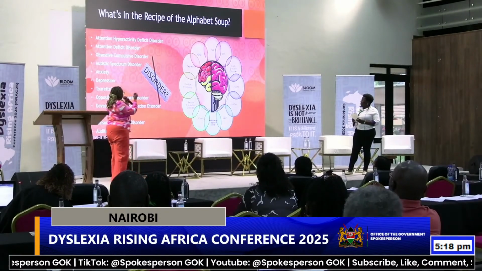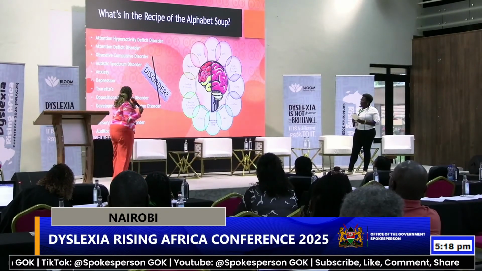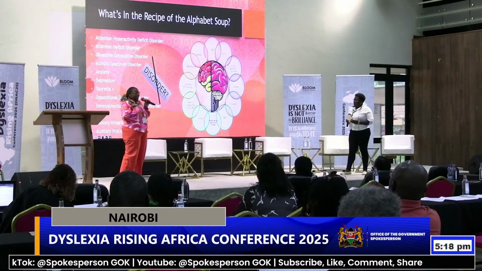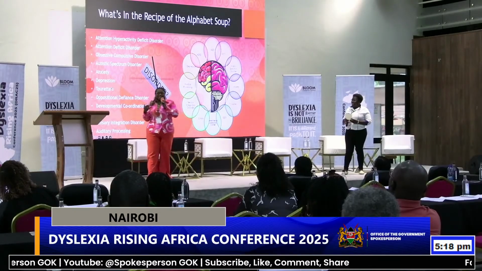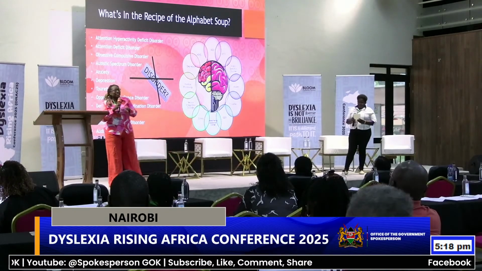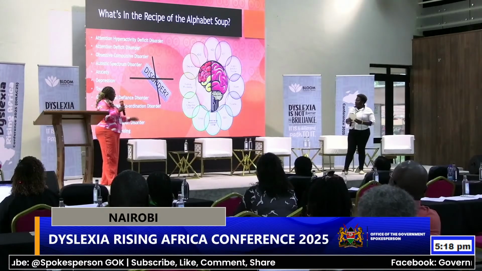All of these would be in what I consider our alphabet soup. I do not like to use the word disorder, just like I don't like to use the word disability. It is a neurological difference.